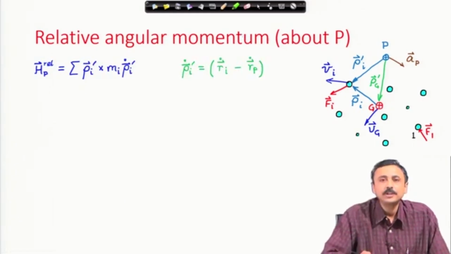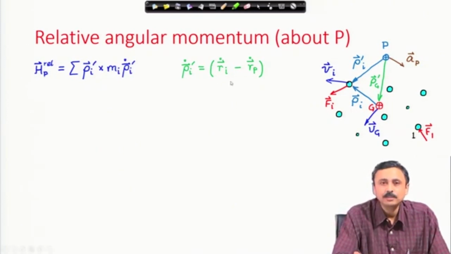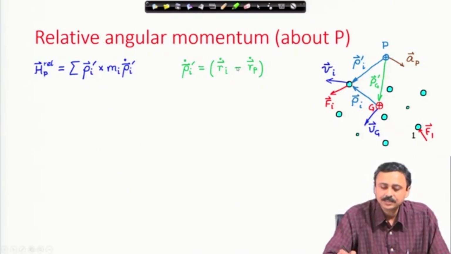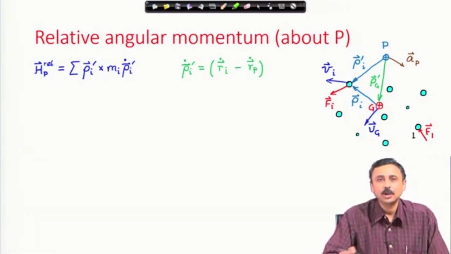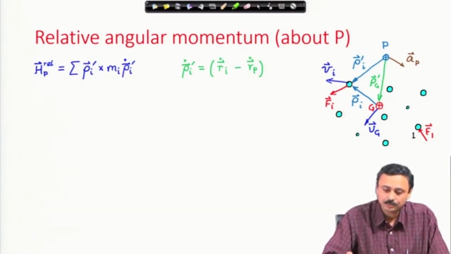Here is the definition of the relative velocity. It is the absolute velocity of the ith particle minus the velocity of P. r_P dot is the velocity of P as measured by an inertial observer.